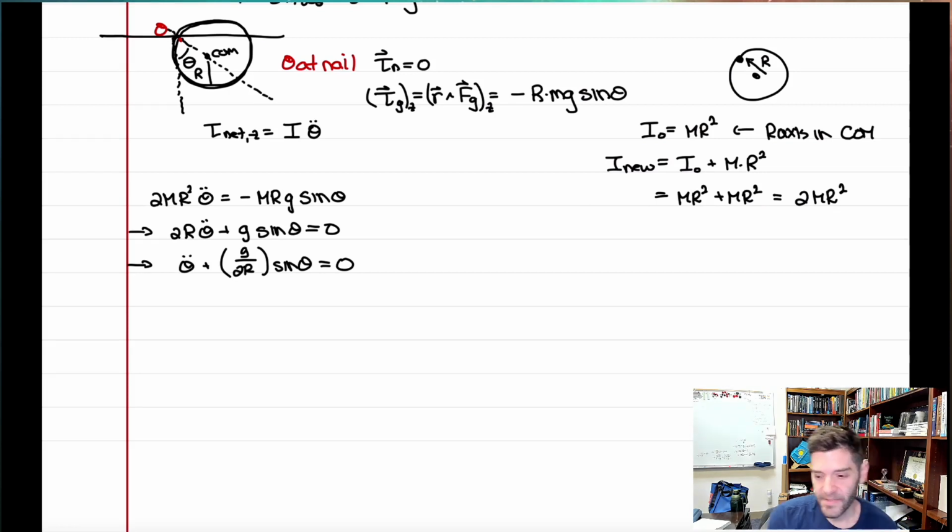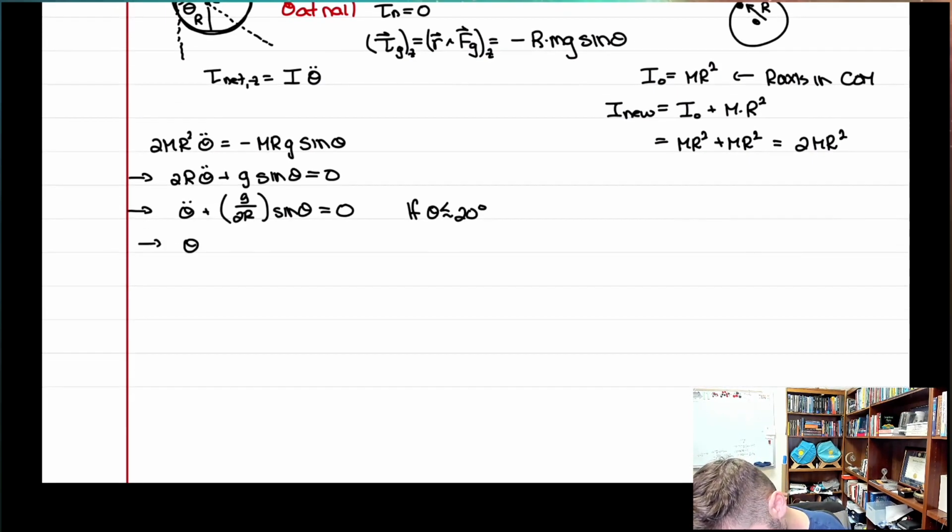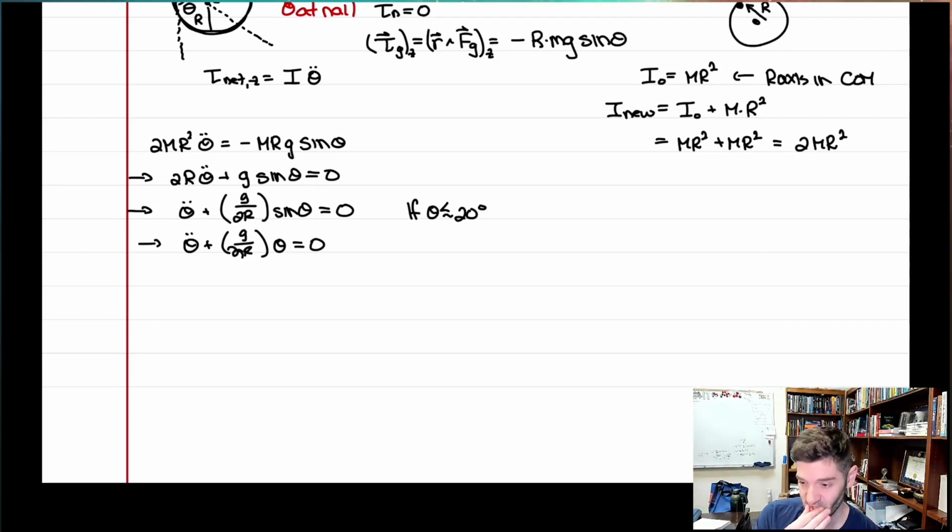Again, not quite simple harmonic motion because it's sine of theta. But if theta is less than about 20 degrees or so, then this is approximately theta double dot plus g over 2r theta equals 0. Here's simple harmonic motion.